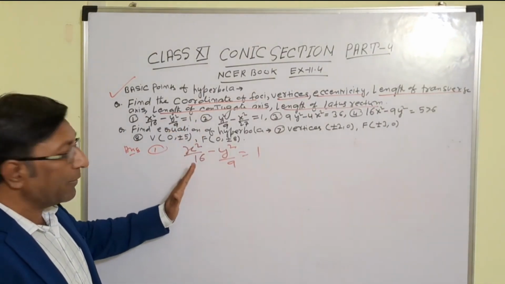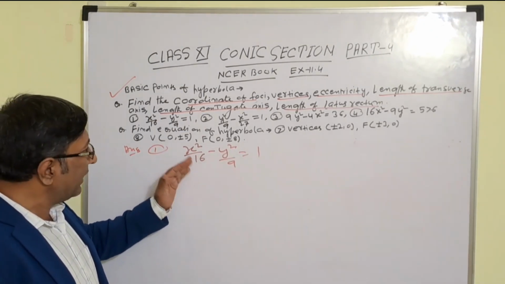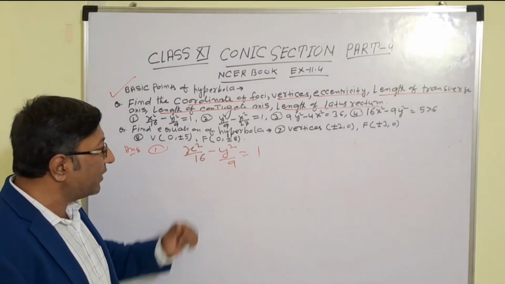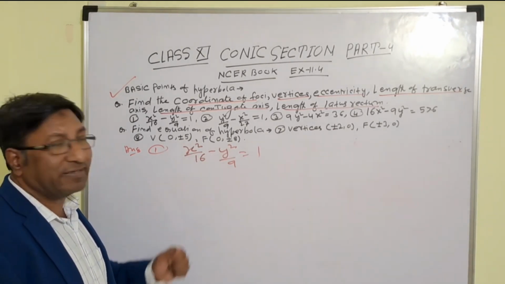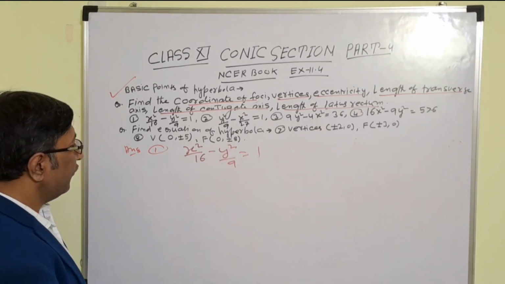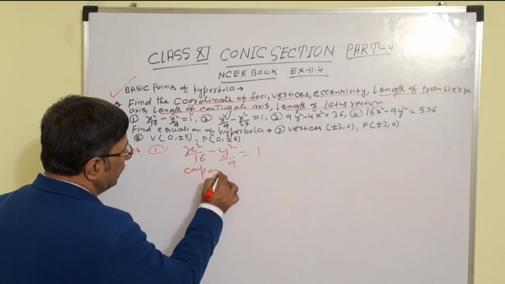So first you compare with the standard equation of hyperbola. Here x square by 16, x is positive, so this hyperbola is along the x-axis, that means the foci of the hyperbola are on the x-axis.